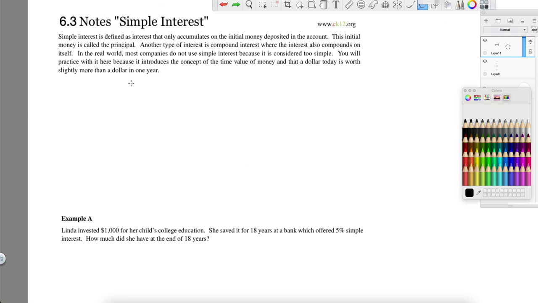So simple interest is defined as the interest that accumulates only on the initial money deposited in an account. And this is called the principal.